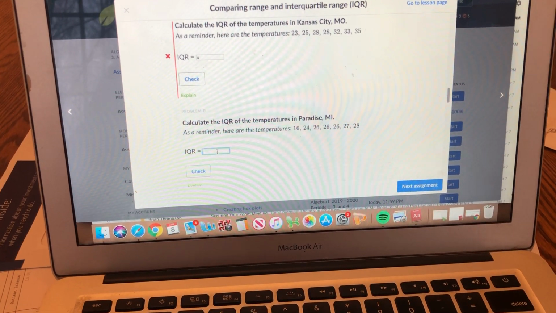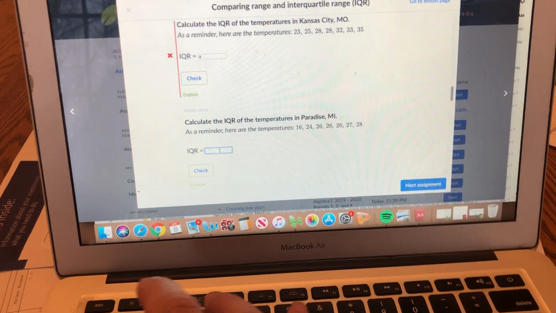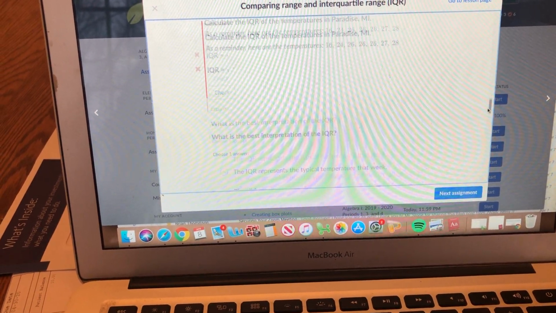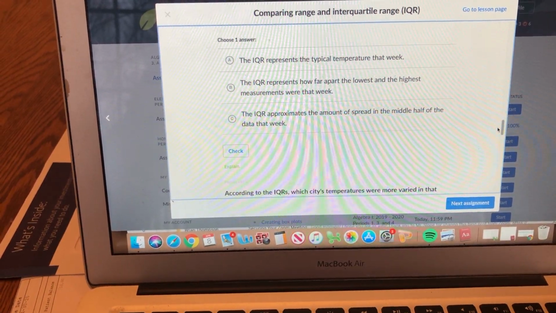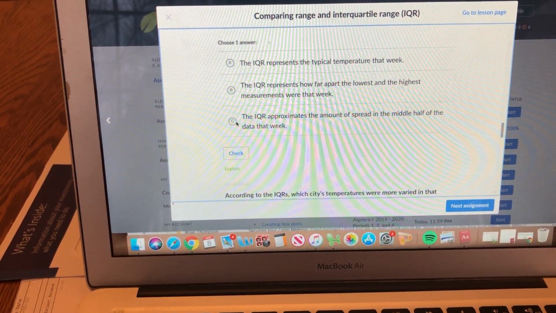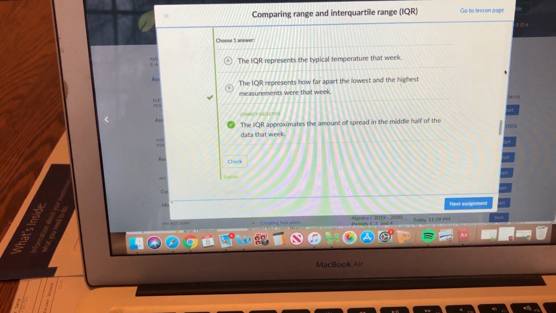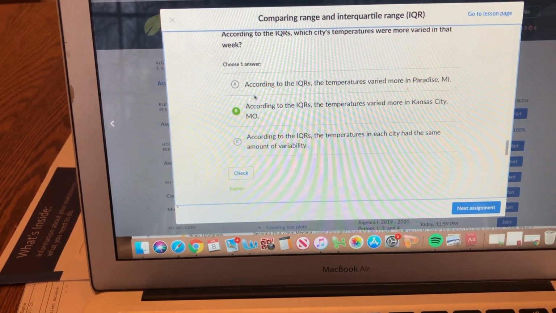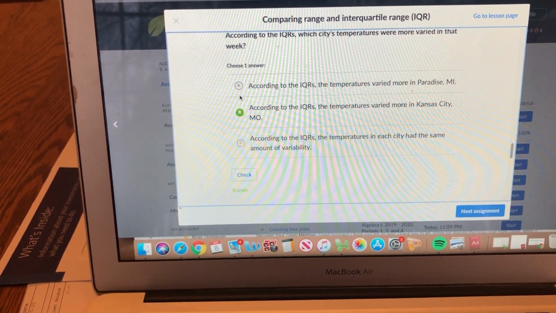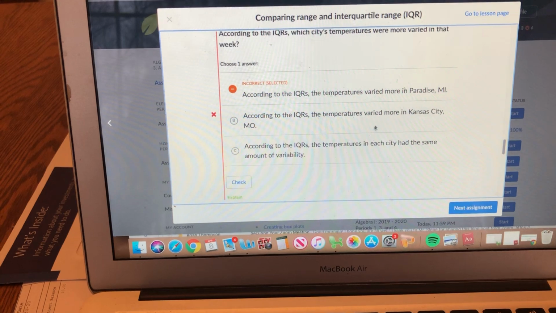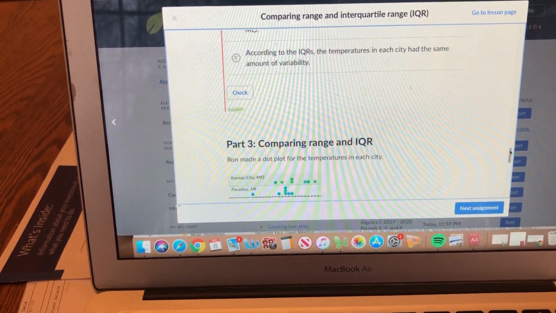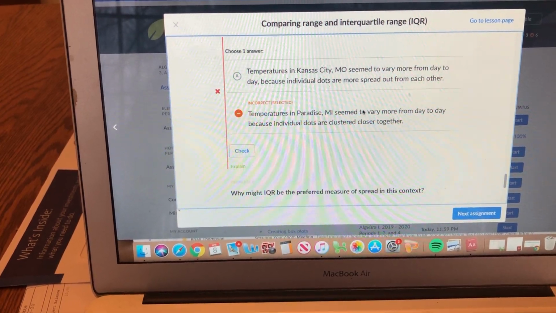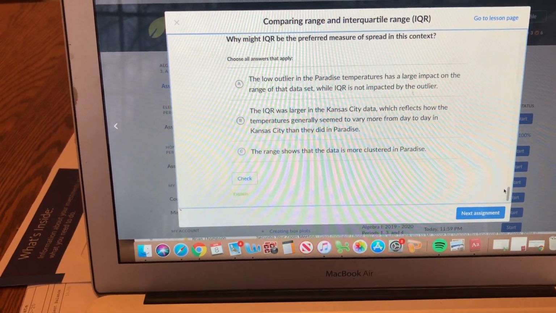At this point, I'm just taking random guesses on things. Get that one right. You can see a lot of these are just multiple choice. Oh boy, 50-50, and I blew it.